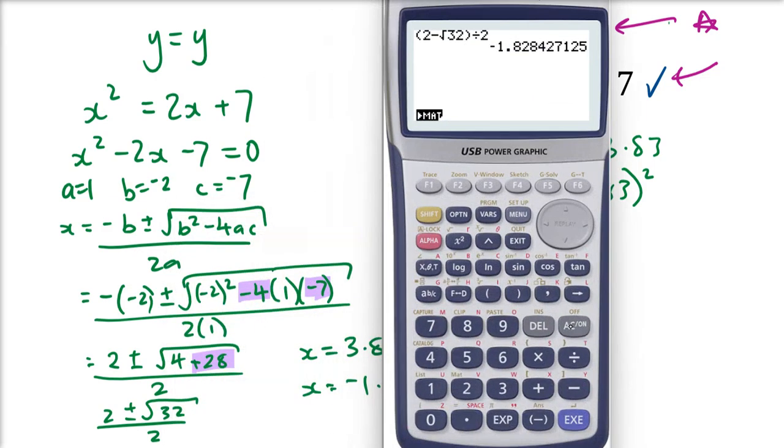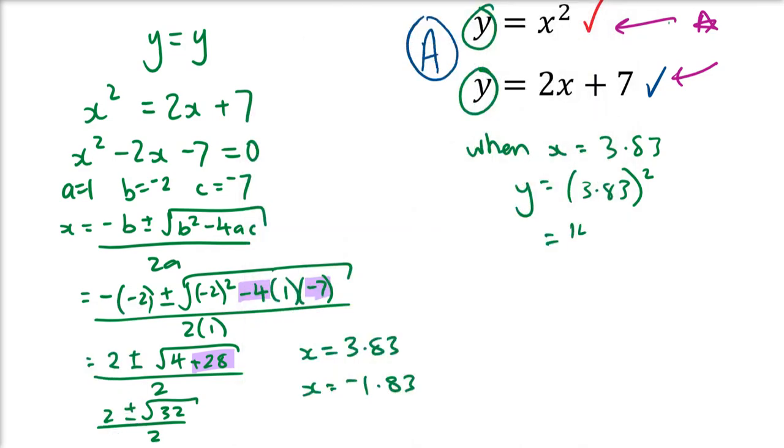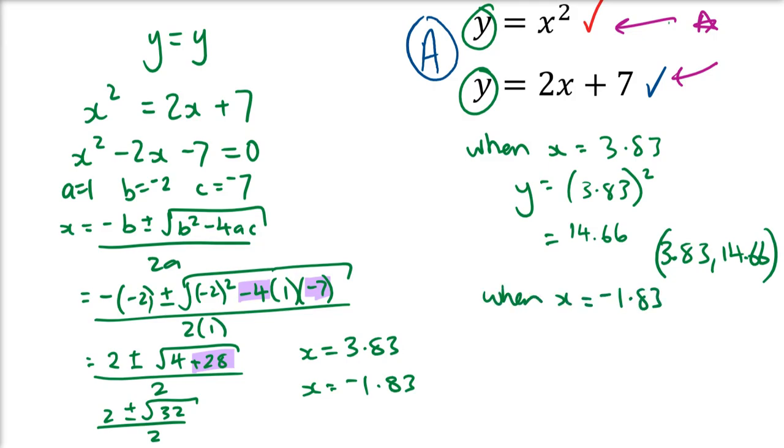So when x equals 3.83, 3.83 squared is going to be 14.66. That forms a coordinate for 3.83, 14.66. The other coordinate is when x equals -1.83, y is going to be -1.83 squared.